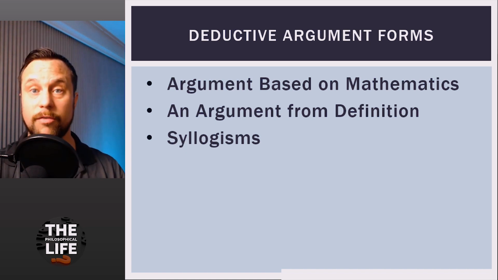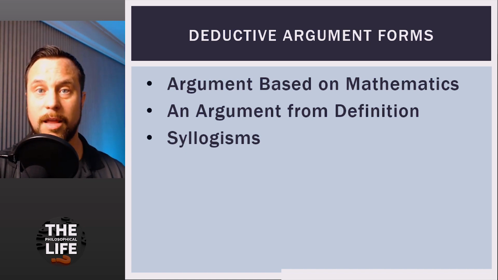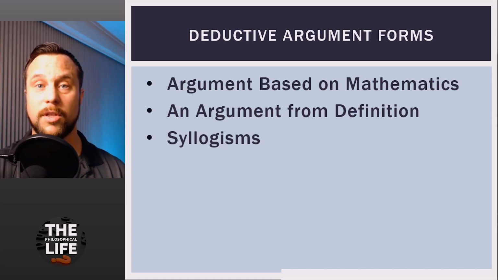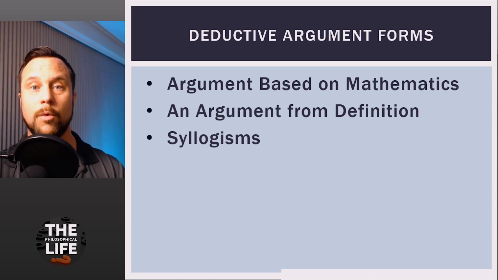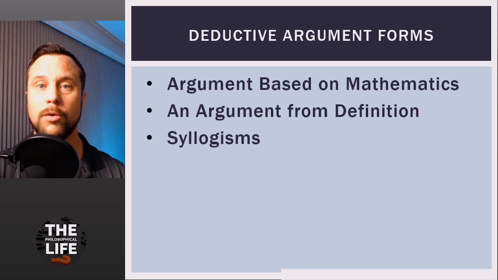An argument from definition: if you have an argument that relies on a definition, that's deductive, it involves necessity. And then syllogisms. There are various syllogisms. That last argument was a syllogism, which has two premises and a conclusion.